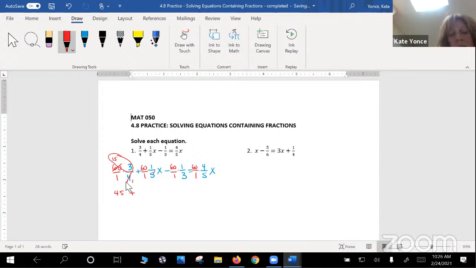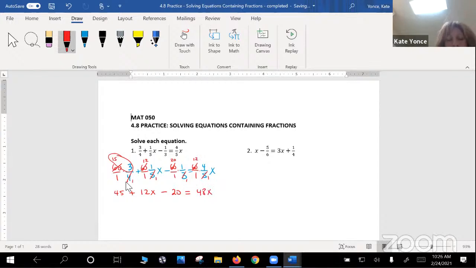It's 12, so 12x. And then for the next one, it's 20, so minus 20, equals 48x.